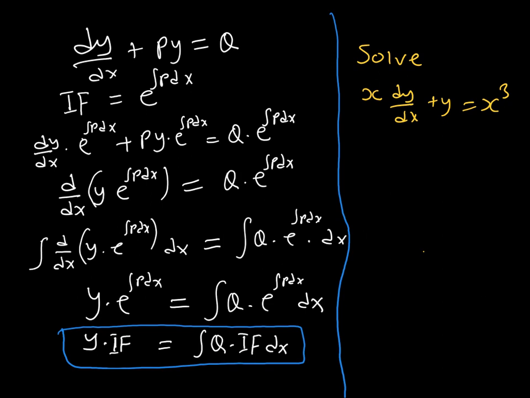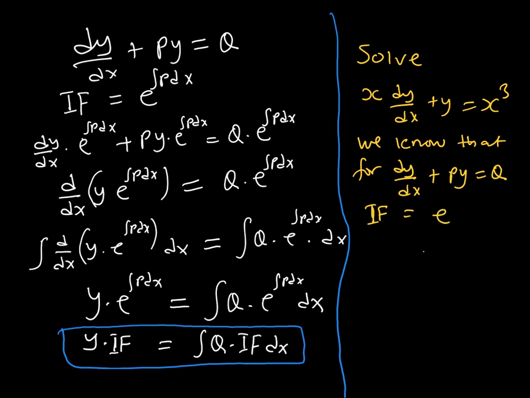Now if we are to solve this question, we must really understand the form we are dealing with. This is a linear equation, so we know that for dy by dx plus Py equals Q, we shall have the integrating factor equal to e to the power the integral of P dx.